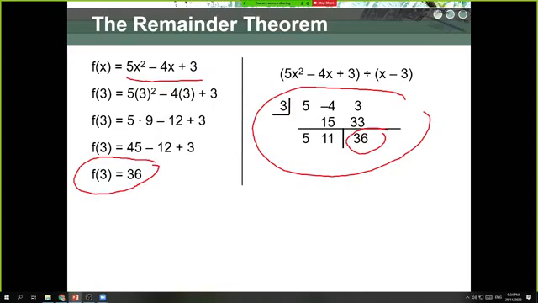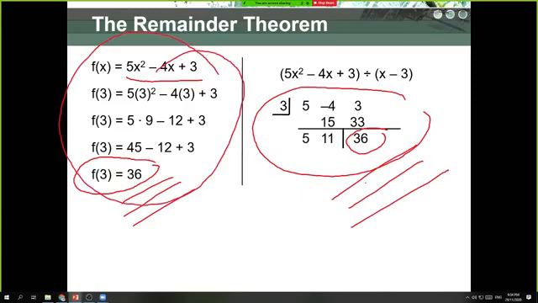So meaning, if I substitute 3 over the expression, whatever the result is, that is simply the remainder, because that is the remainder when we did the synthetic division. So you can do this method by substituting, or you can do synthetic division in finding the remainder.